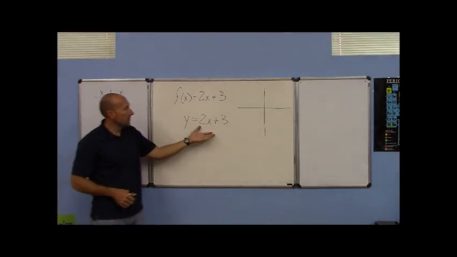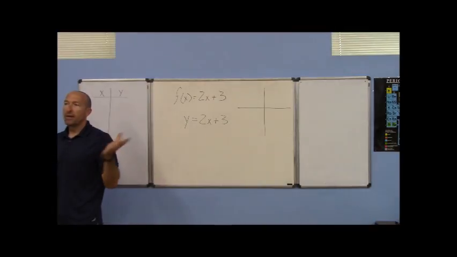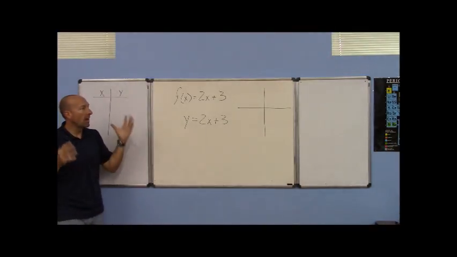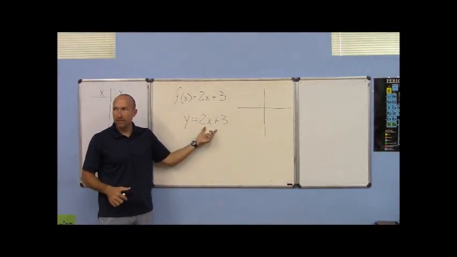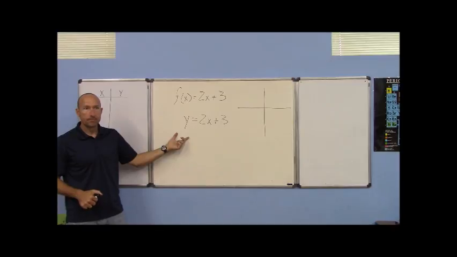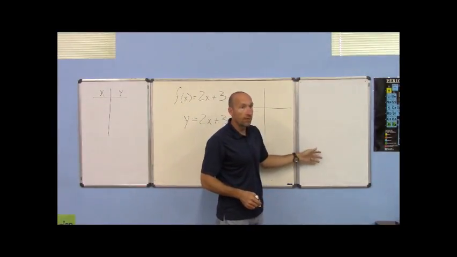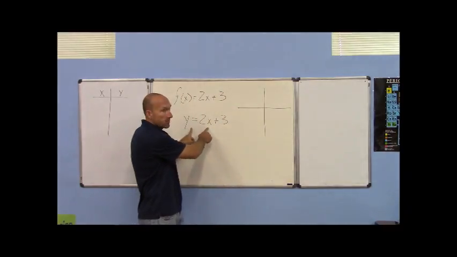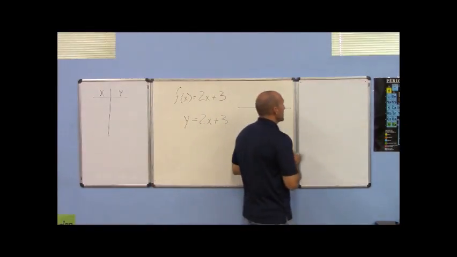When we are given just this statement, this means we get to do whatever we want to, which is fun. We get to pick whatever value of x that we want to make our life easy and solve for y. There are other times when you will be given a list of 3, 4, or 5 ordered pairs in which you plug them in and find out if it's a true statement or not. You may be given just a list of domains.